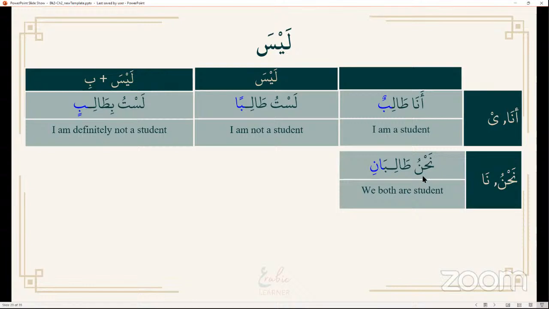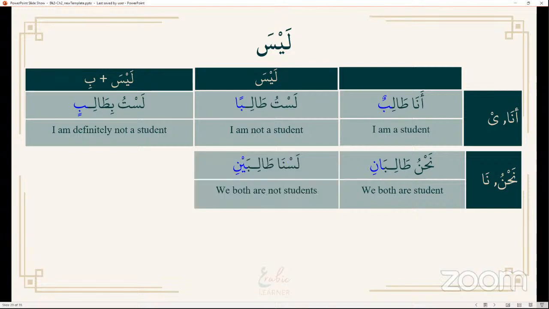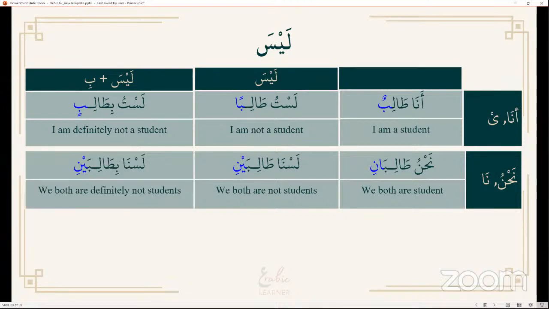Now, nahnu talibani. Lasna, it should not be lasna, Sister Sufia. It has to be with alif. Yes, lasna talibaini. And what about with B? Lasna bi talibaini.